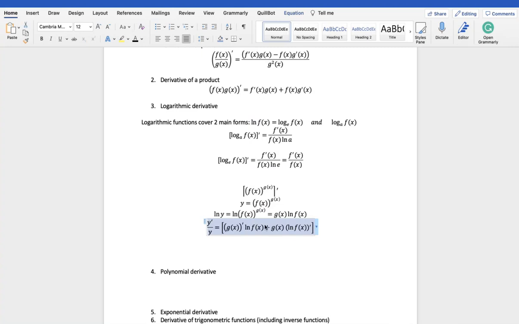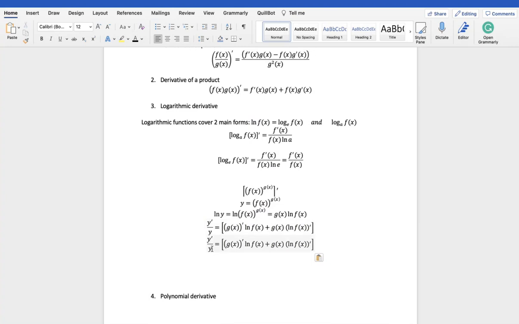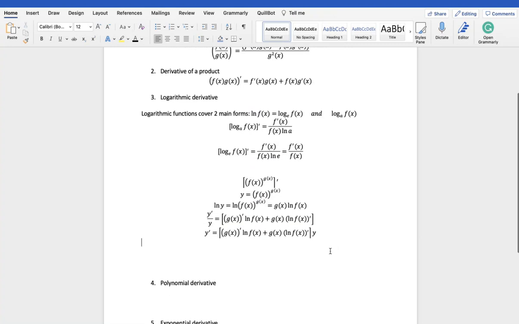And then obviously, since you have y prime over y, you can multiply by y on both sides. Then on the left-hand side you have y prime, equal to the entire bracket multiplied by y. And that is your general form.